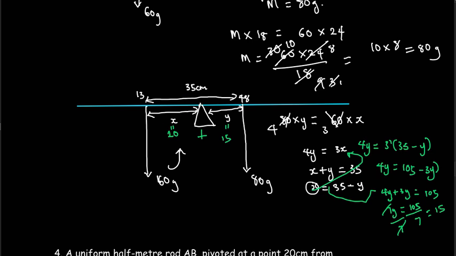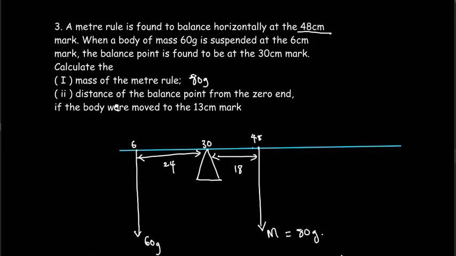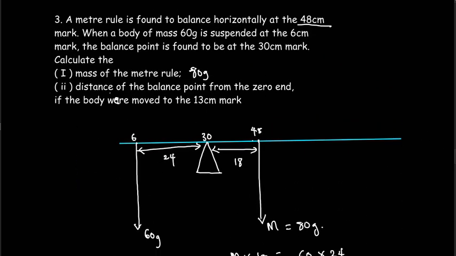So let's go back to the question. What did they even ask us for exactly? They said the distance of the balance point from the zero end if the body were moved to the 13 cm mark. Okay, and that's exactly what we've done.